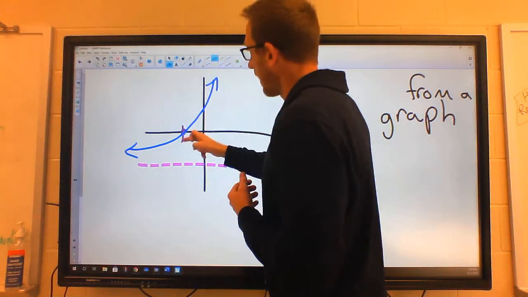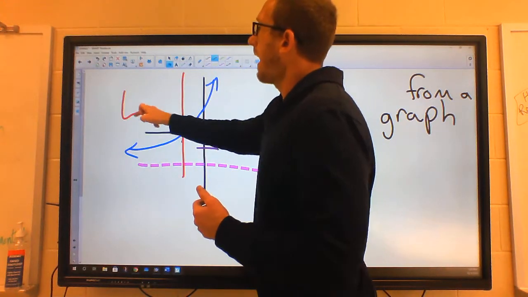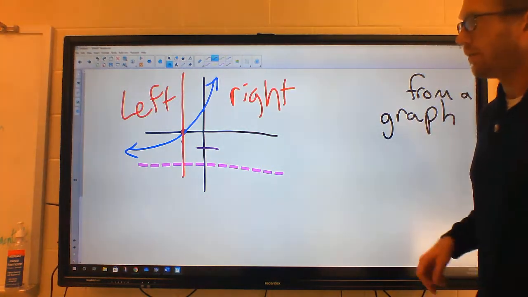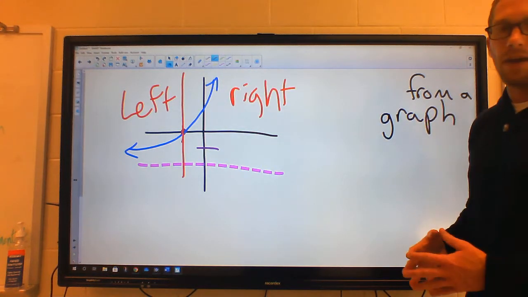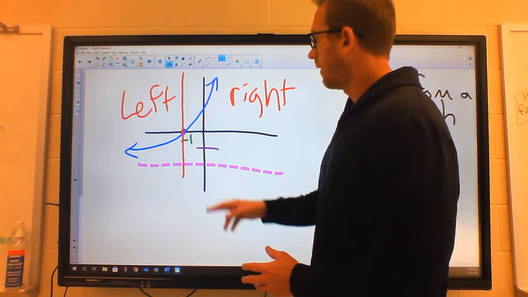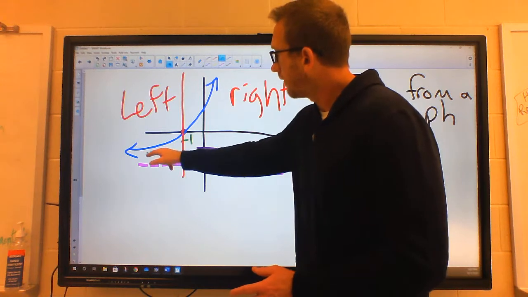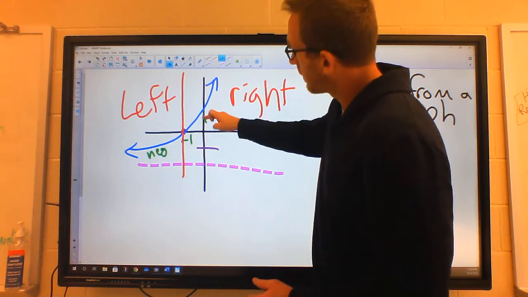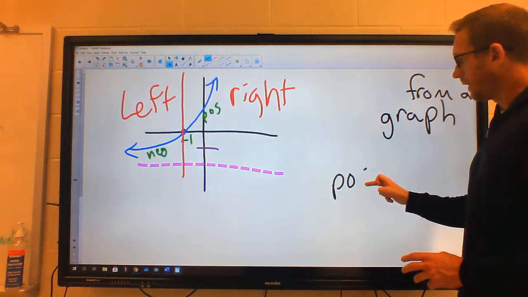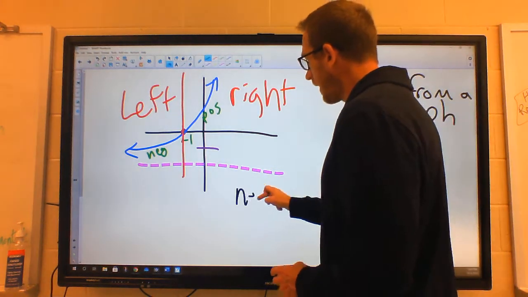This helps us separate, basically, the left half from the right half of our function. The reason we want to know the left half and the right half is because at this location of -1, it crosses from negative to positive. So we're basically saying there's a positive region and a negative region.